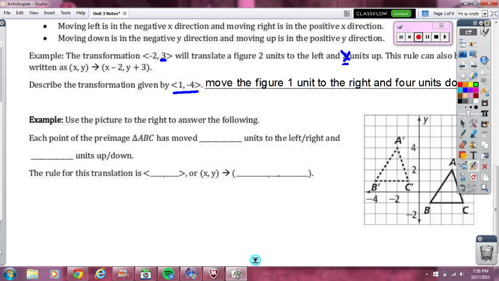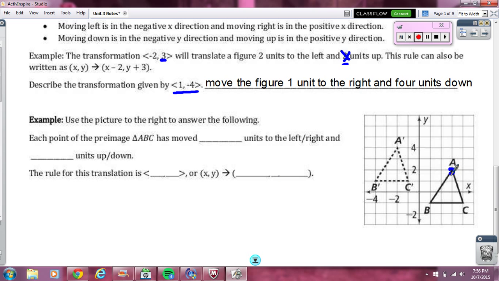So I'm going to get my marker out and I'm going to count and see what's happening to get from the point A to my new location, A prime. It looks like I'm moving 1, 2, 3, 4, 5 units to the left. 5 units left. And then I'm going up 1, 2. So 2 units up.